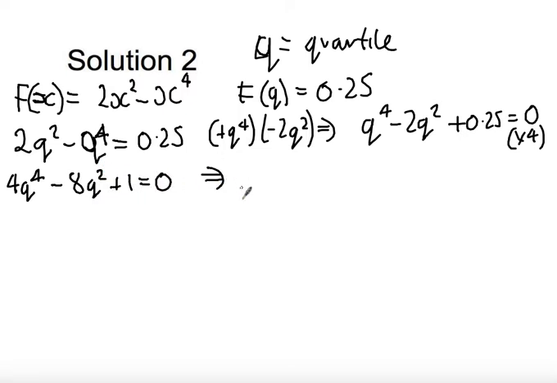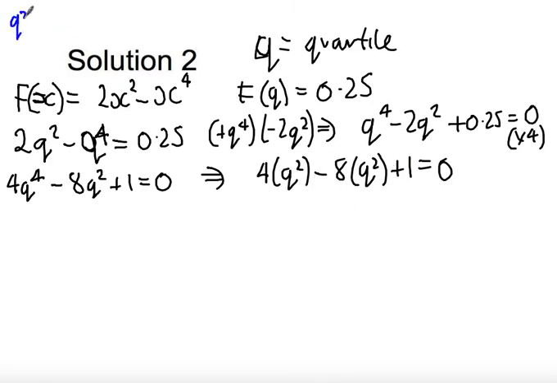And again, this is that quadratic, as I said, in q squared. So this is going to be 4 lots of q squared, squared, minus 8 lots of q squared, plus 1 equal to 0. And again, if you're struggling to see what we're saying about this equation, if I say q squared is equal to y, then I've got here 4y squared minus 8y plus 1 equals 0.